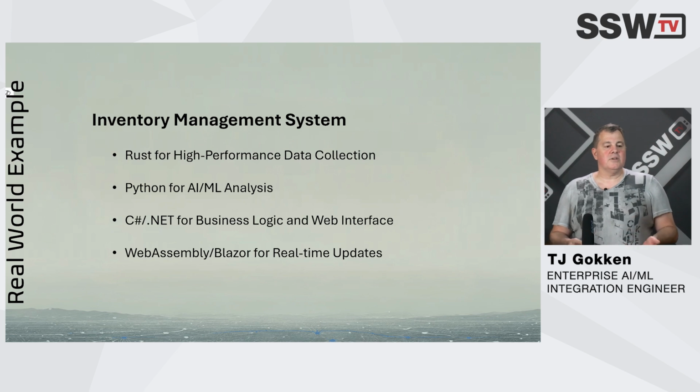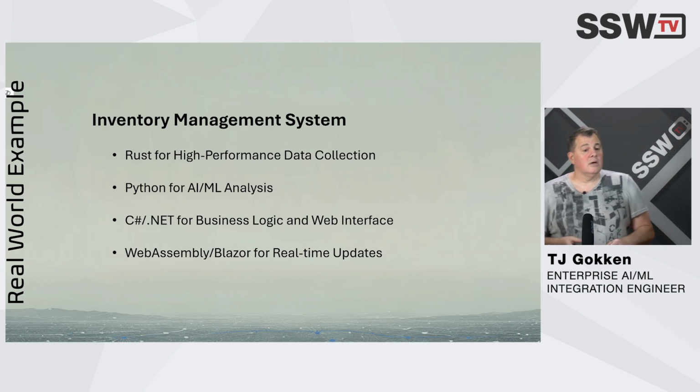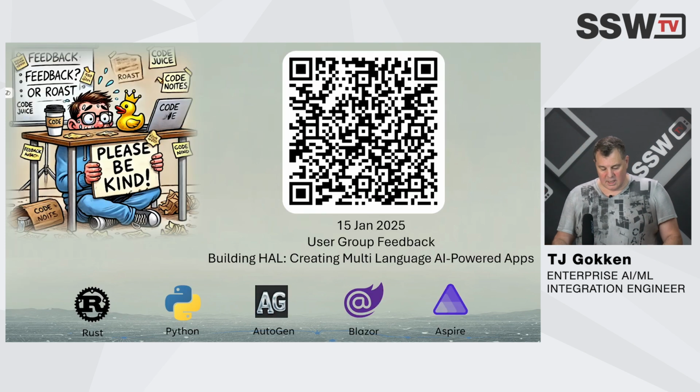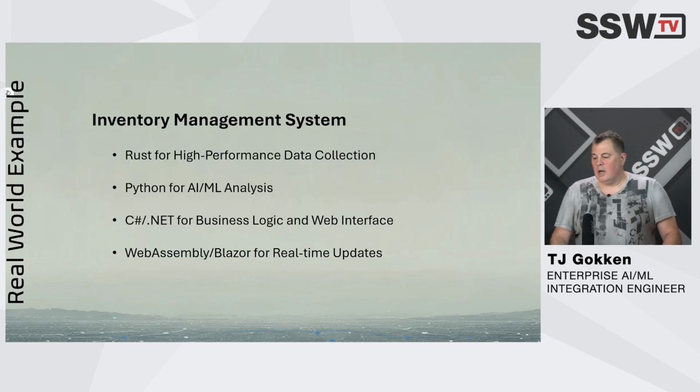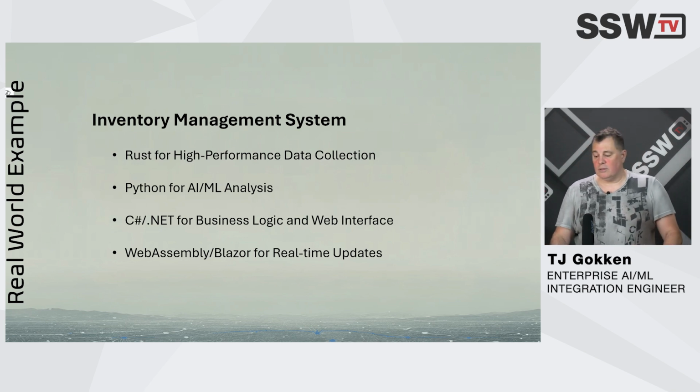So let's say it's an inventory management system. You're given Rust code for data collection, maybe from sensors and whatnot, and then you're given Python for AI/ML analysis. Then you write your Blazor code, integrate everything together, and use Aspire to orchestrate instead of manually running it.